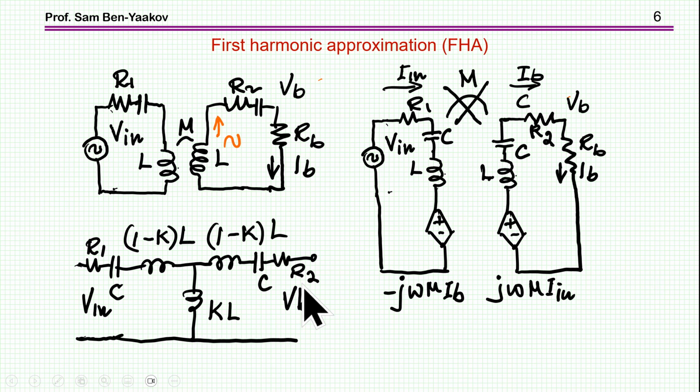For example, if the equivalent resistance is very high, this is like open, you have one resonant circuit. So first of all, you see that you can develop here very high voltages. Although the impedance of the inductance is sort of cancelled out by the impedance of the capacitor at resonance, you see that the voltage across this inductance could be very high because of the resonance, and depending on the quality factor, the current can be very high.